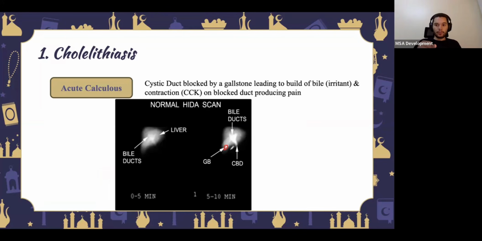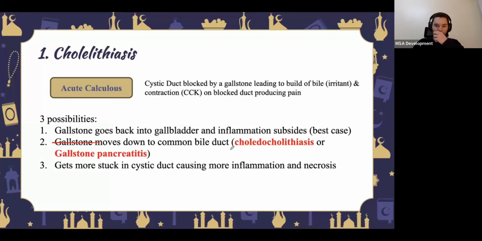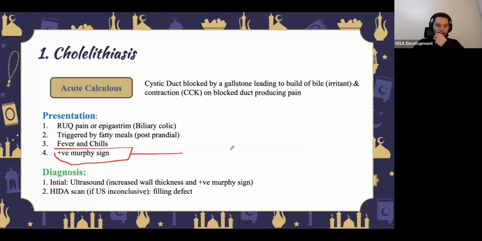If there is a filling defect, if the gallbladder does not appear, this means there has been an obstruction, and it is most likely because of the other signs. It is most likely acute calculous cholecystitis. Right? So this is how we could diagnose acute calculous cholecystitis.